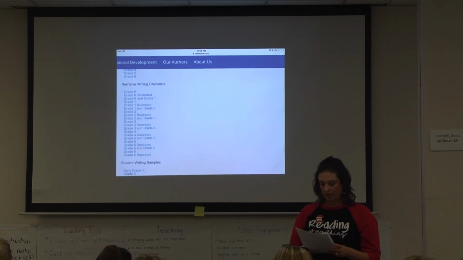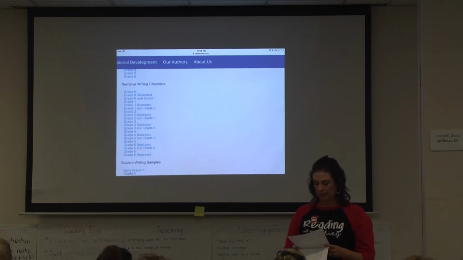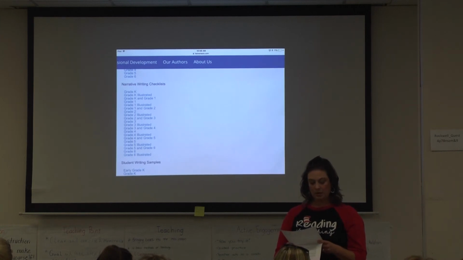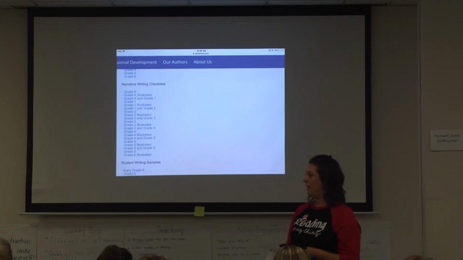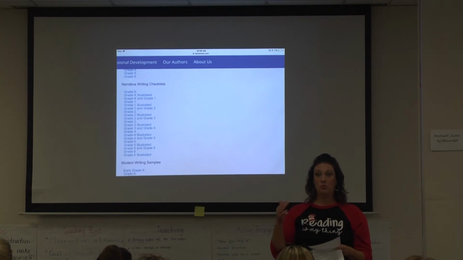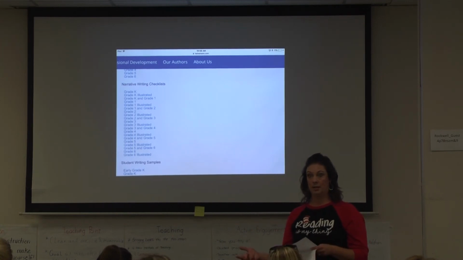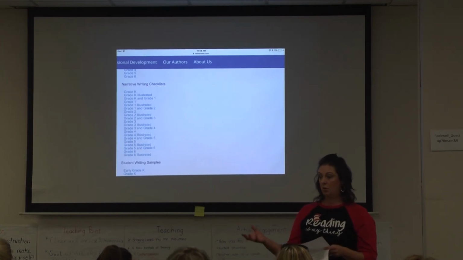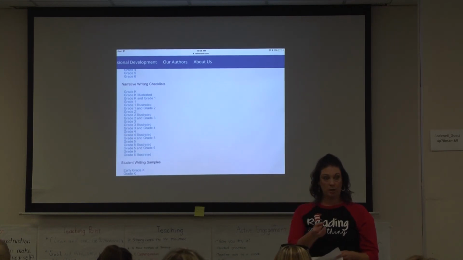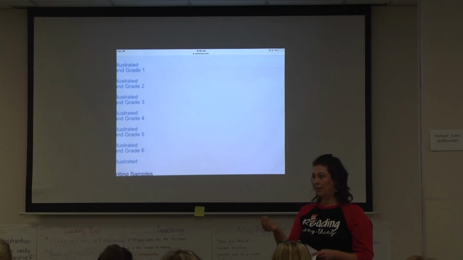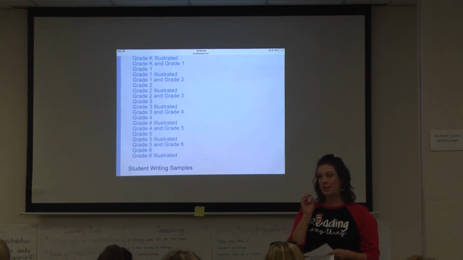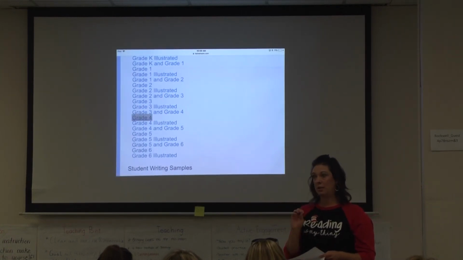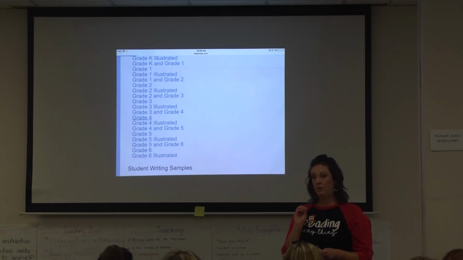So the checklists are intended to be a way to help students self-monitor and set the next goals for themselves. We're going to talk about how you teach the checklist in just a minute. So you're going to teach them what does starting to look like, what does a likely goal look like. If it's something they're just starting to do, then it's probably going to be a goal for them.